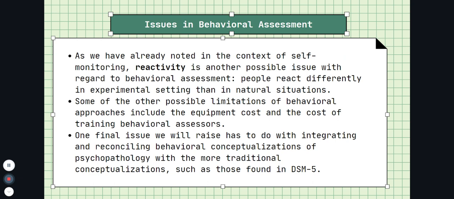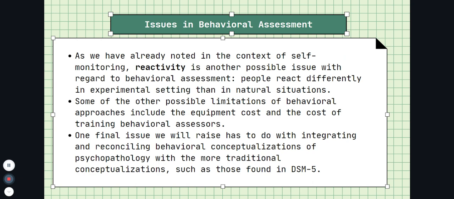The response of the client is not the same all the time, especially when he knows that he is being observed or recorded. Some of the other possible limitations of behavioral approaches include equipment cost and the cost of training behavioral assessors.